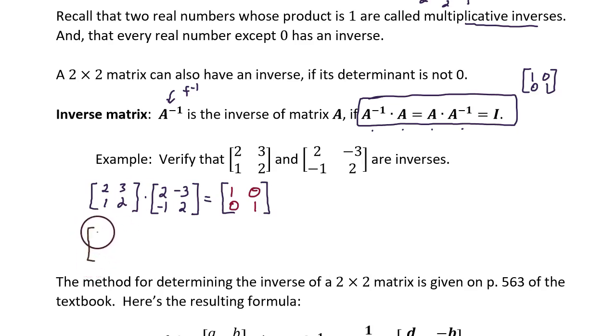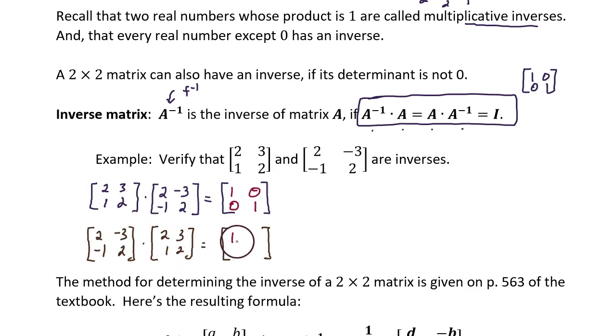So let's rewrite it, and this time put the 2 and the -3, and the -1 and the 2 as our first matrix. And then we'll write the 2, 3, 1, 2. When we multiply together, we're wondering, do we get the 2 by 2 identity matrix? Let's run through the multiplication process. 2 times 2 makes 4, plus -3 times 1, which is -3, and that does make 1.